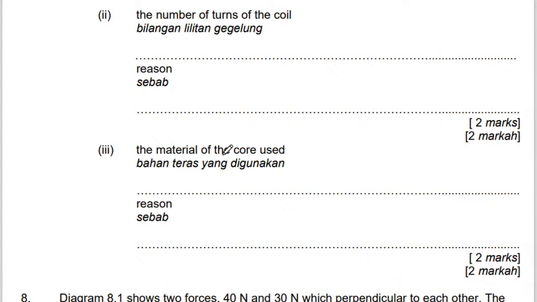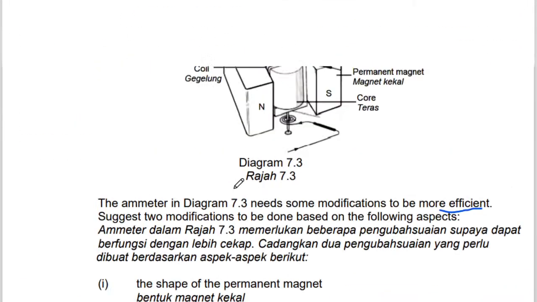So the material of the core used should be soft iron core. Reason: it can be magnetized and demagnetized easily. Correct. So the material will be soft iron core. Reason, can be magnetized and demagnetized. Why?